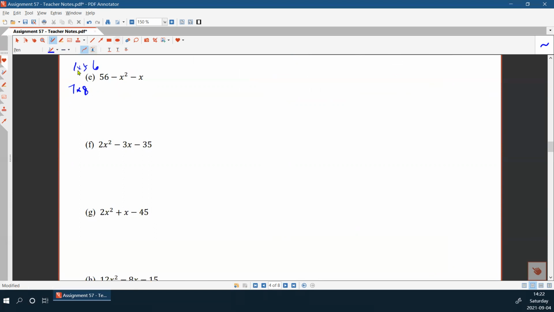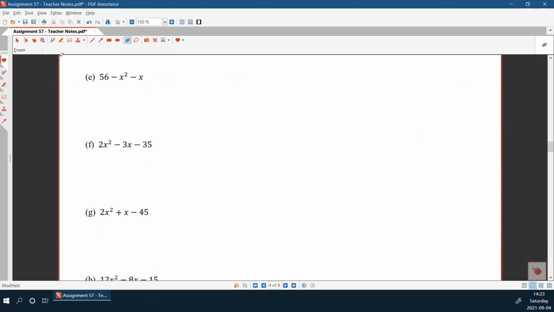And the more intuitive way is to factor it by 7 by 8. And note that we need to have a minus 1 here. Okay, so let's try 7 by 8 for the first term.